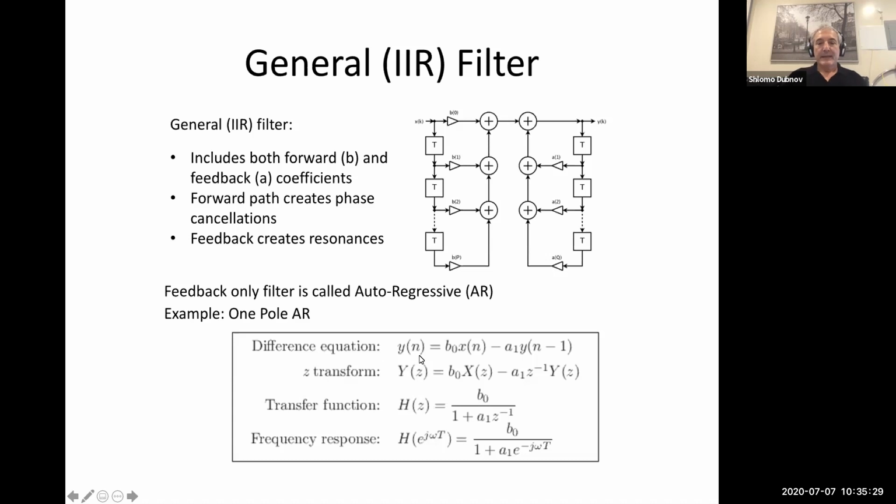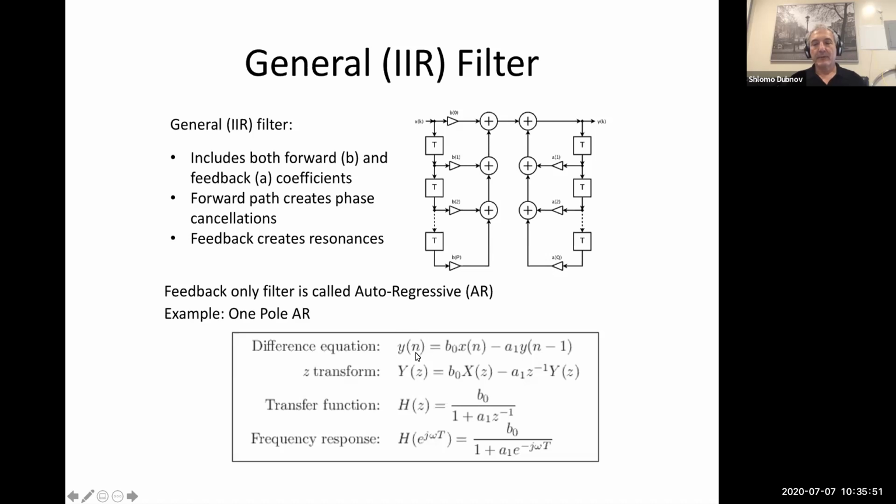Now, mathematically, this is written in a way that you have 2 sides of filters. You have the filter working on the Y's, and you have a filter working on the B's. The simplest one is the so-called one-pole autoregressive filter, and I'll explain why it's called a pole.